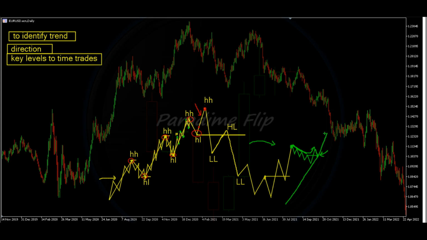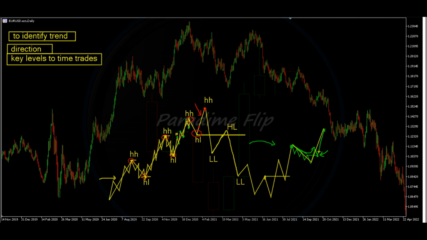We can make the assumption that we can get this continuation higher, which will basically complete the larger trend. So we can assume the larger trend will continue.